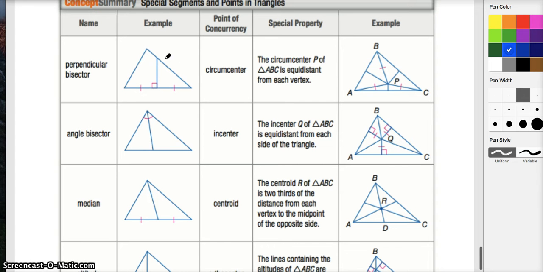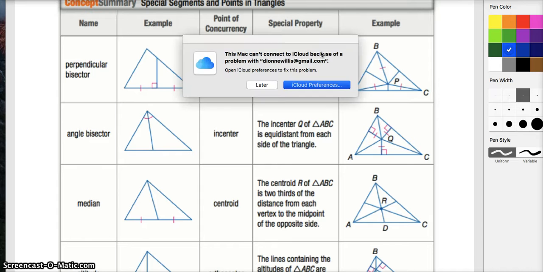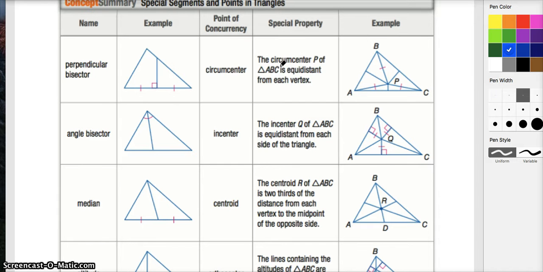When you draw all 3 within a triangle, you get the circumcenter, the meeting of all the perpendicular bisectors. The special property is that the circumcenter is equidistant from the vertices. So once I find that point where all the perpendicular bisectors meet, it'll be equidistant from each of the vertices.